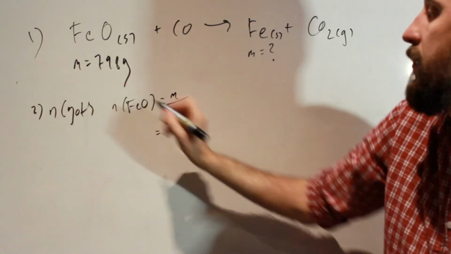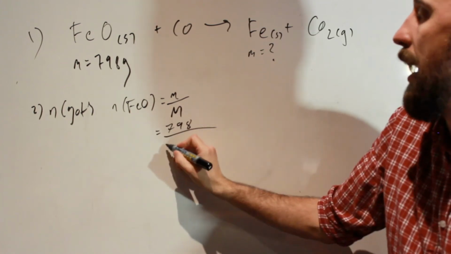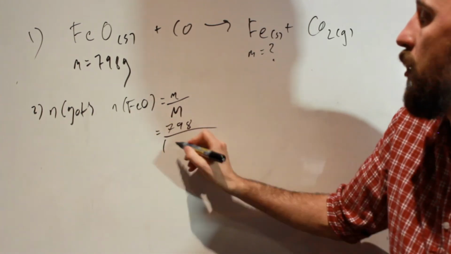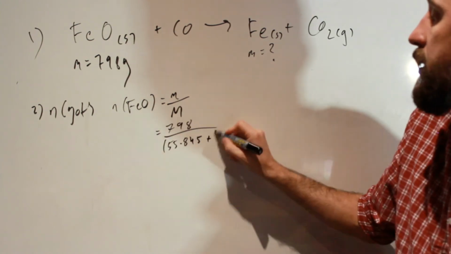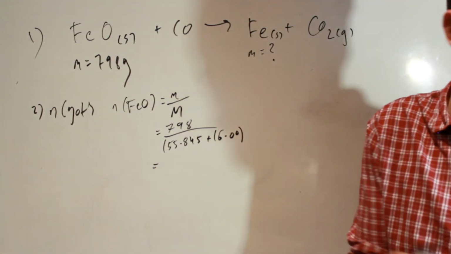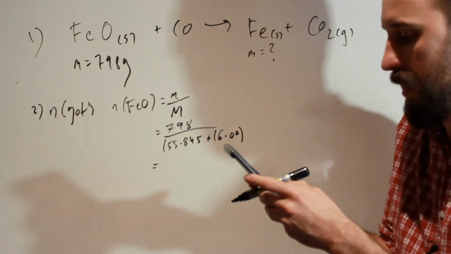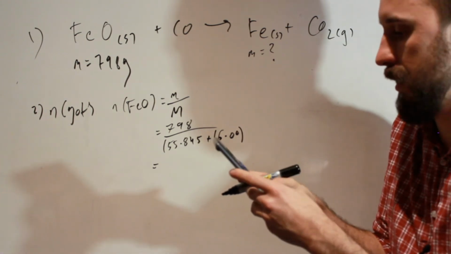We are given a mass of 798 grams. We can calculate the molar mass by adding up the molar mass for this compound. So iron is 55.845 plus oxygen is 16.00, and I'll punch this into my calculator really quickly: 55.845 plus 16.